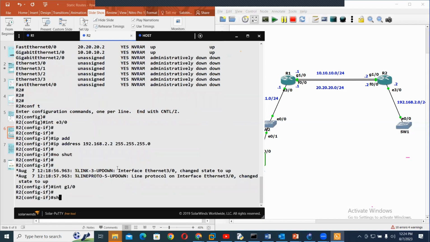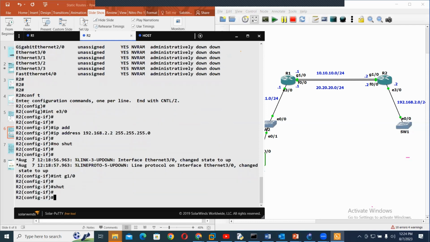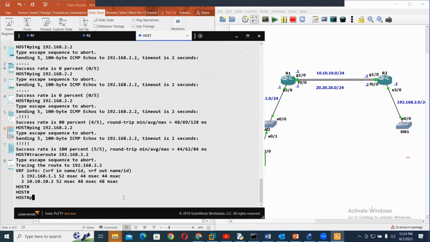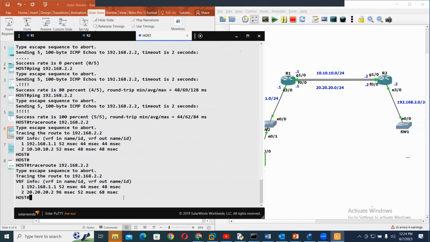I want to check if it can shift to the secondary route. So let me ping again. Yes. Okay. Let me trace route. Now we are using the secondary route through 20.20.20 because I've made the primary route unavailable.